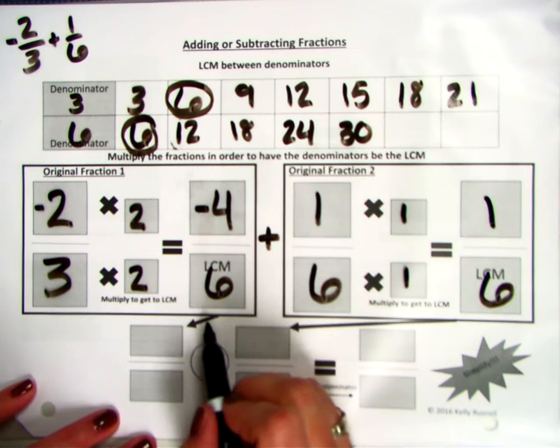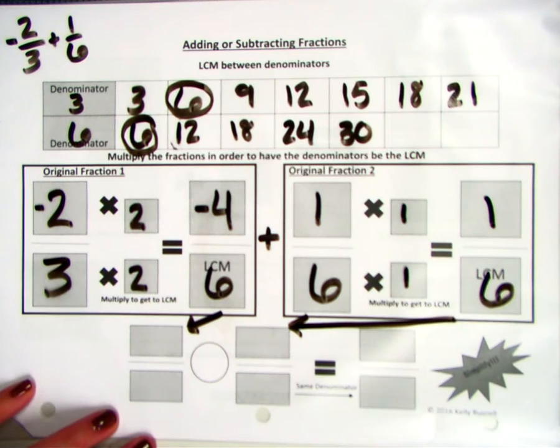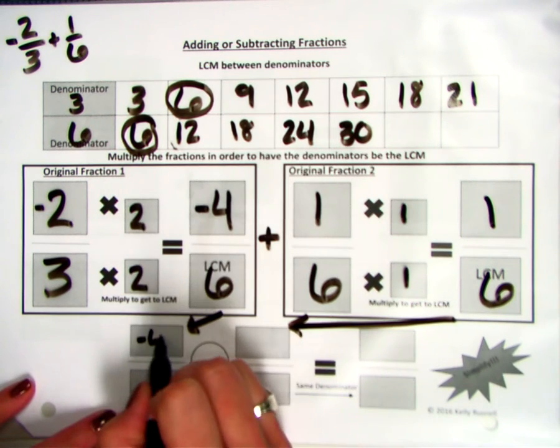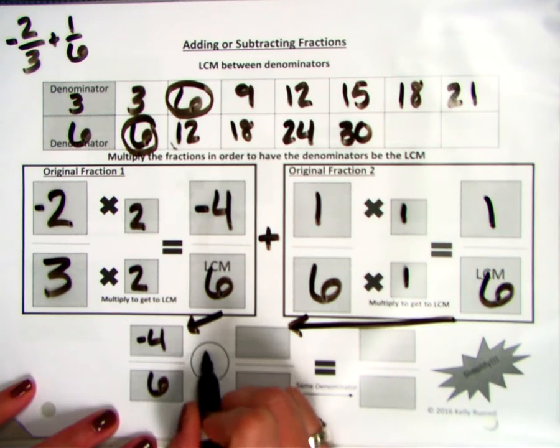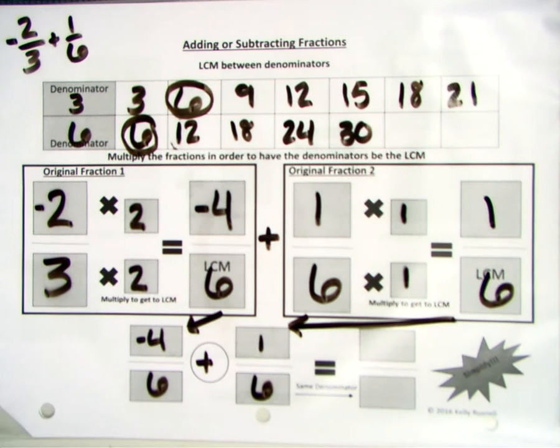Now you will see these wonderful little arrows here because I'm trying to remind you to bring them down here. Bringing this exact equation, so I have a negative 4/6, my operation is adding, 1/6. Now when you get a problem and you're trying to add rational numbers, if they already have the same denominator, guess what? It's so much easier.